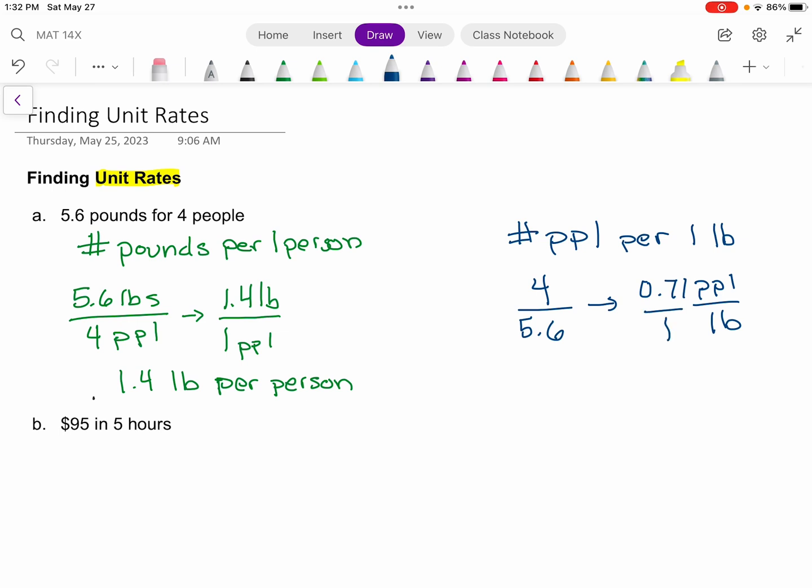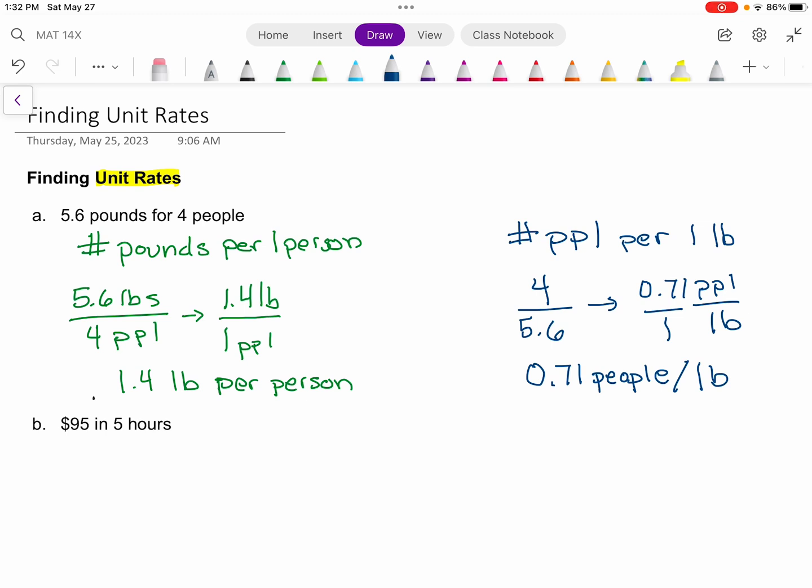And so we could write that 0.71 people per pound, and I'm using a little slash mark instead of the word per, which is acceptable. Probably in this case, it would be more reasonable to use that first unit rate over the second one, but it's good to have the flexibility in order to find both.